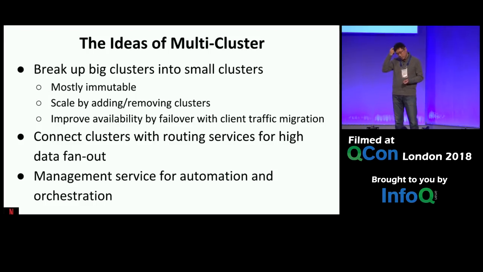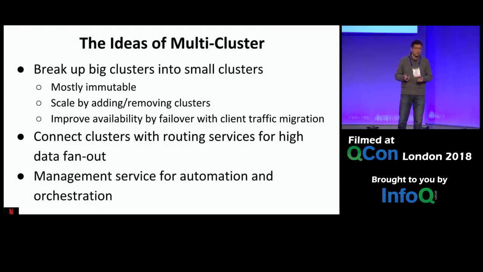Secondly, to satisfy consumer bytes out, you can connect clusters with a routing service in between. As I mentioned before, the routing service is basically like mirror maker copying data from one cluster to another, but it can also do some simple ETL work.